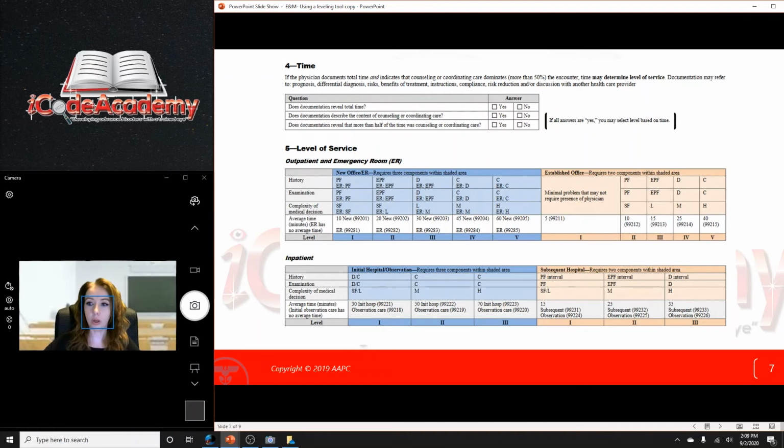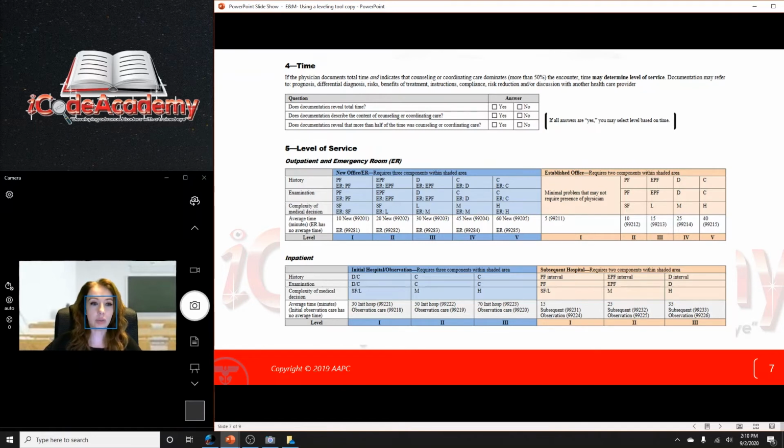All right, then we're going to look at the next page here. Page 5 is going to reflect the time option. So if you are able to answer yes to all 3 of these questions, you may be able to bill based on time instead of the history, exam, and medical decision making for the particular encounter you're coding. So you want to make sure the documentation does reveal the total time, as well as reflecting or describing the content of the counseling and coordination of care.